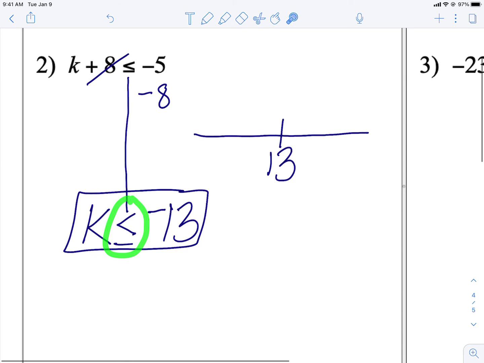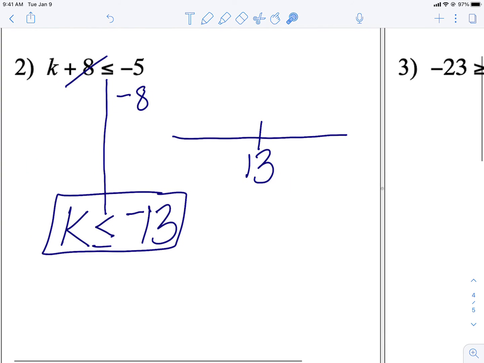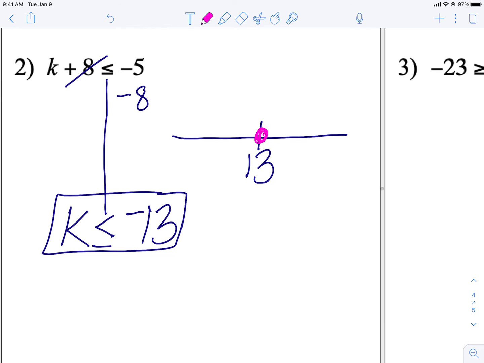So left means less. Think left means less. And this one here has an equal sign under, so that means this circle is going to be closed. Closed circle. And since I use my left hand to make these scissors, left is less.